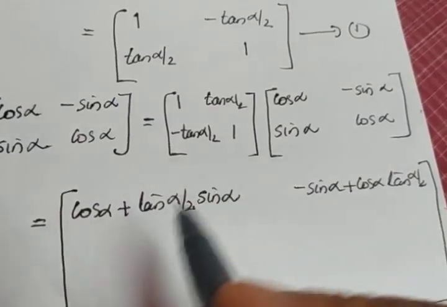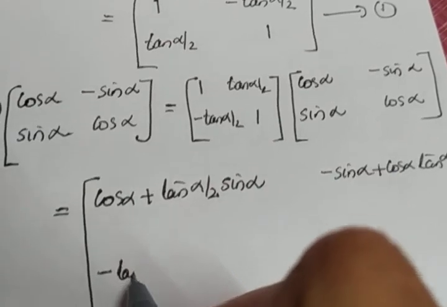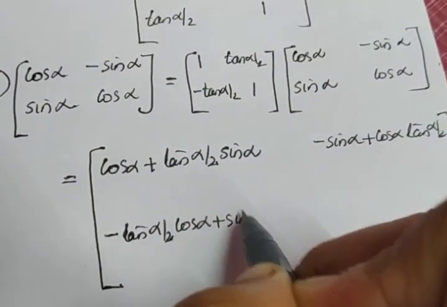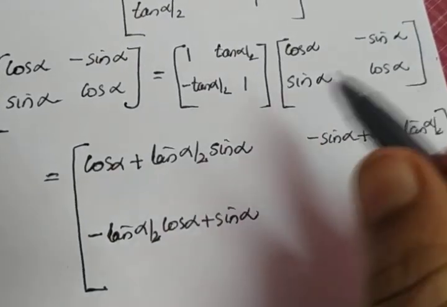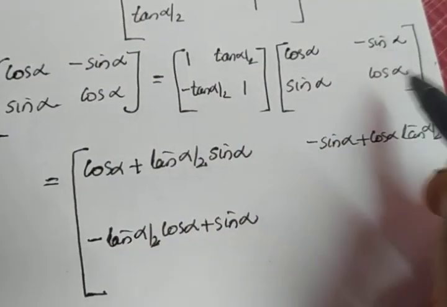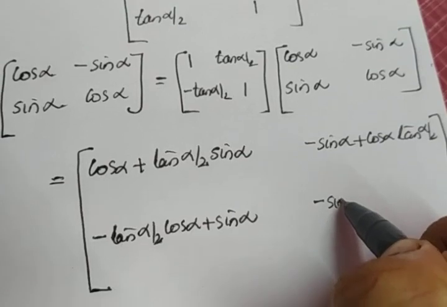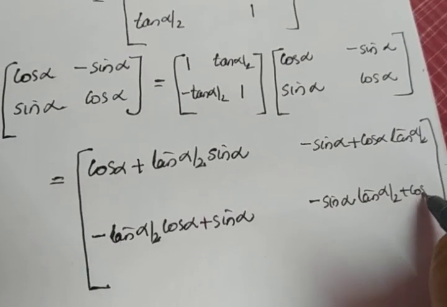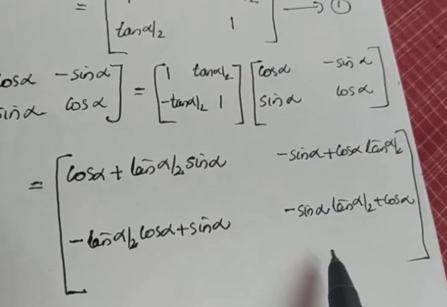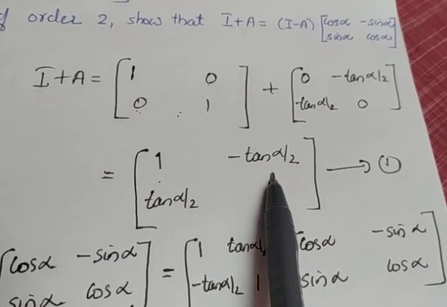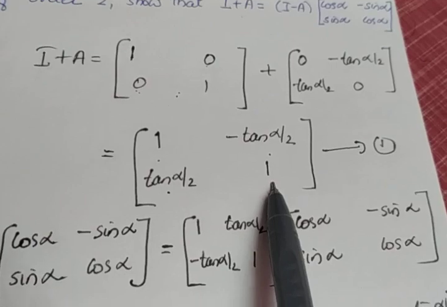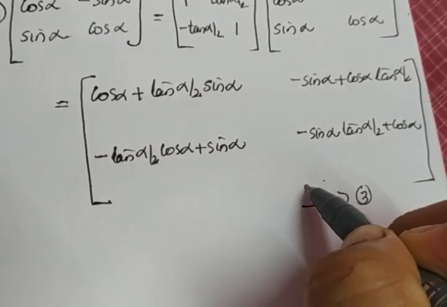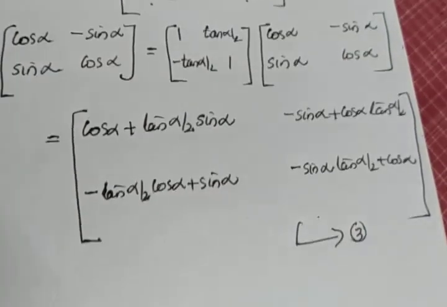Second row into first column will be the first element, that is minus tan alpha by 2 into cos alpha plus sin alpha. And the last element will be second row into second column, that is minus sin alpha into tan alpha by 2 plus cos alpha. Okay, so we need to prove this is equal to [1, minus tan alpha by 2; tan alpha by 2, 1]. We will put this matrix as equation number 3.